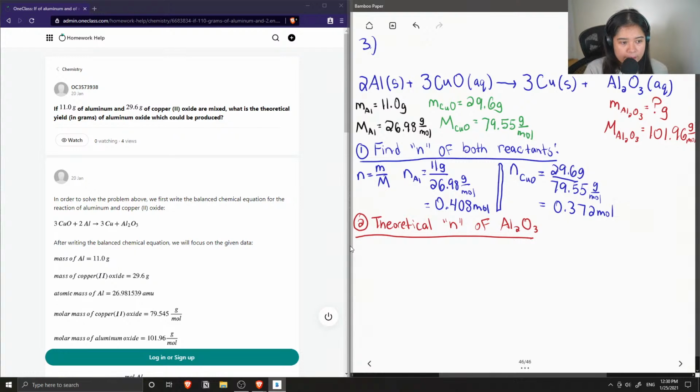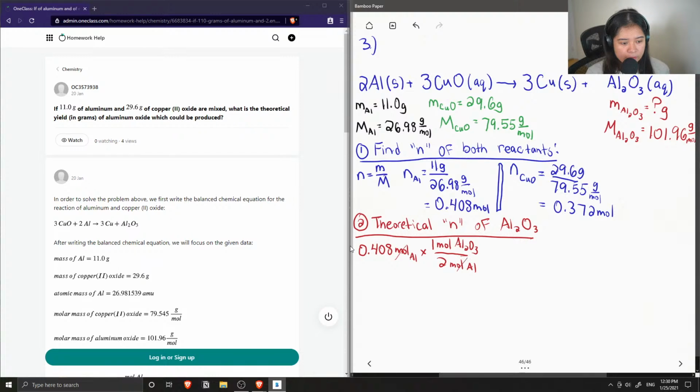So to do that, we need to use molar ratios to go from one number of moles to one of our products. So for example, we know that 0.408 moles of aluminum is in our mixture. And if this was to react completely, then we know from our balanced equation that 1 mole of aluminum oxide is formed for every 2 moles of aluminum.